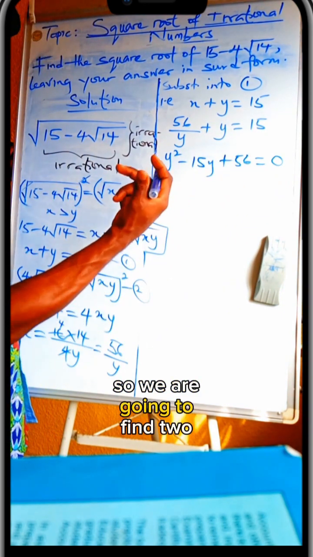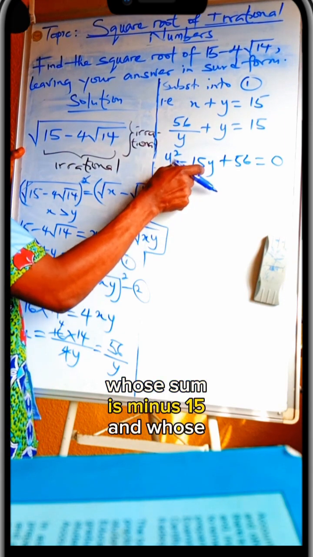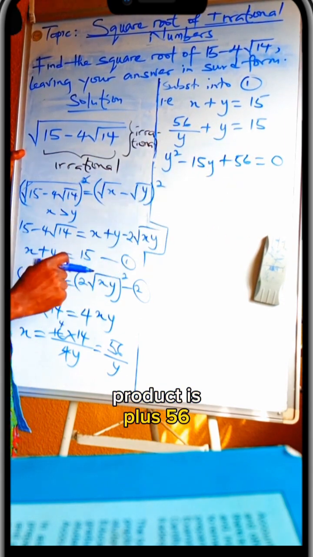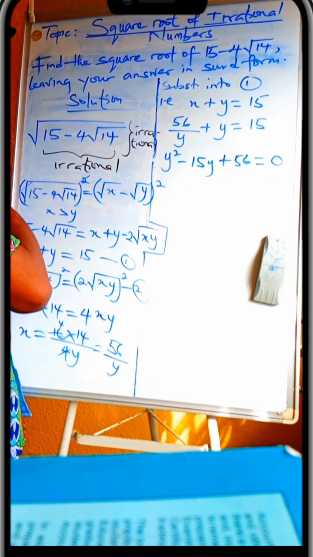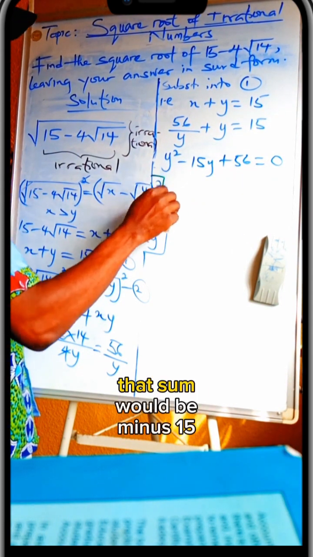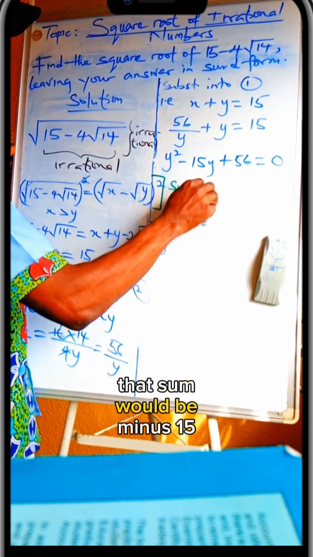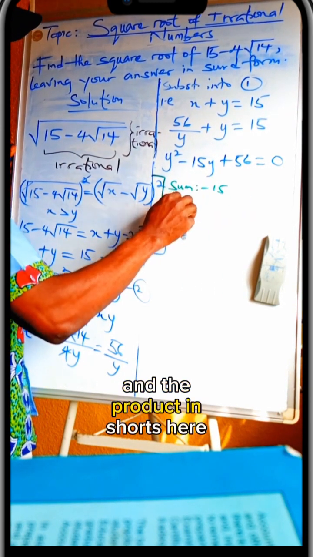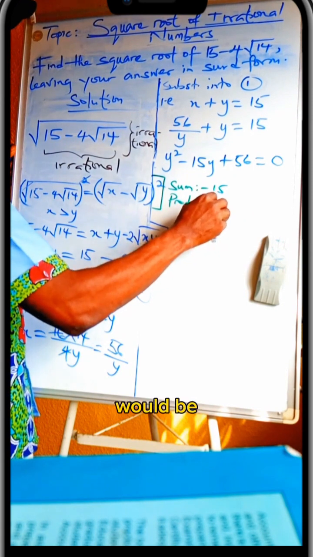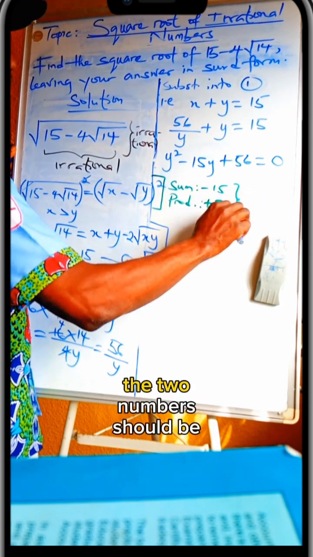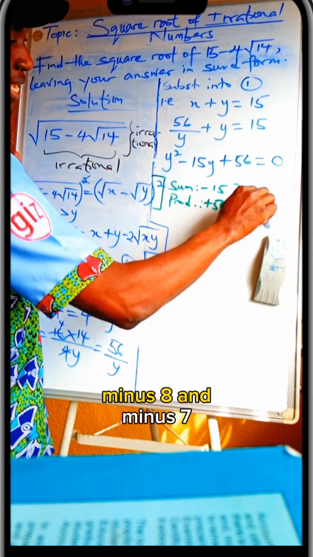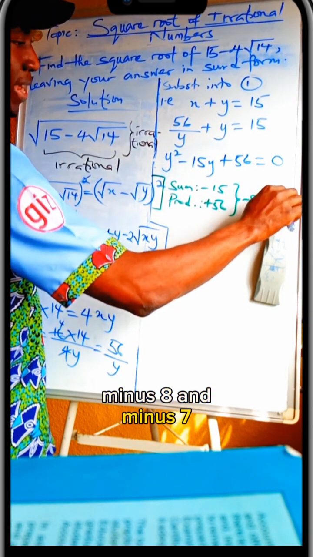So we are going to find two numbers whose sum is minus 15 and whose product is plus 56. So the two numbers should be minus 8 and minus 7.